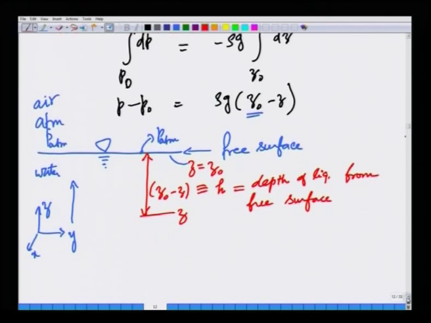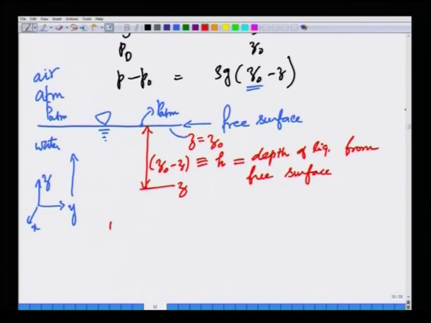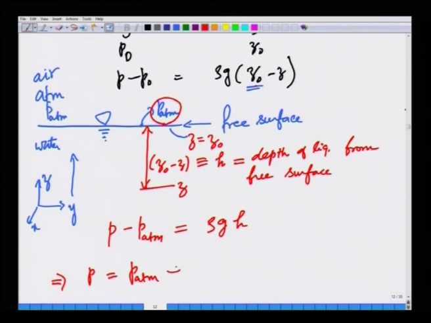In which case we can rewrite this equation as P minus P0, where P0 is P atmosphere, because that is the value of the pressure at z equals z0. P minus P atmosphere is rho g h, or P is P atmosphere plus rho g h.